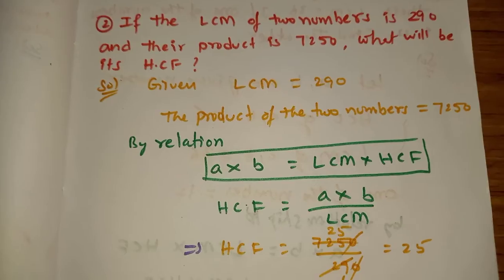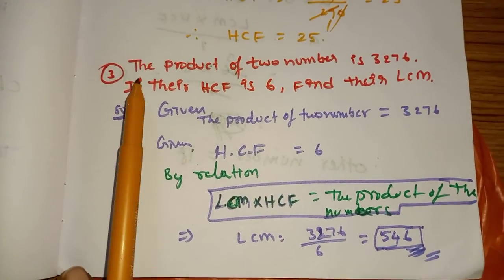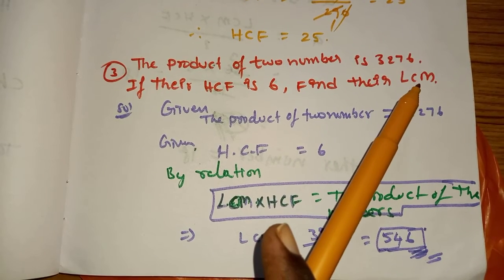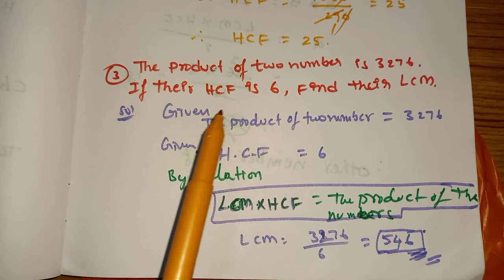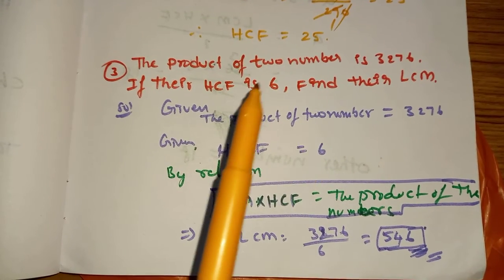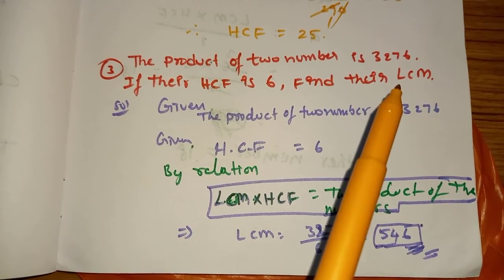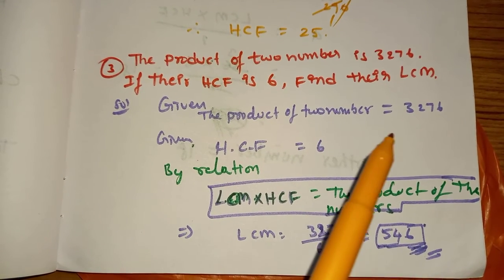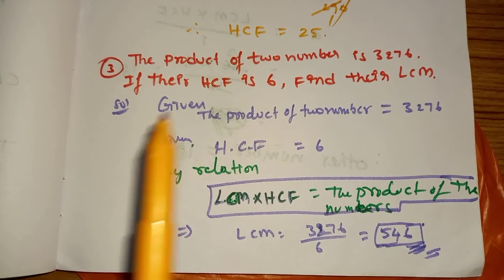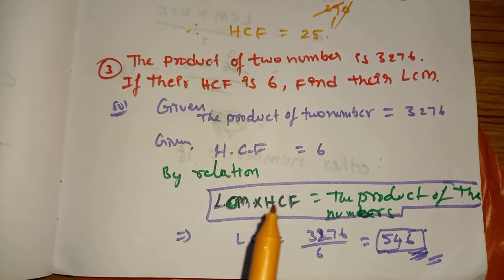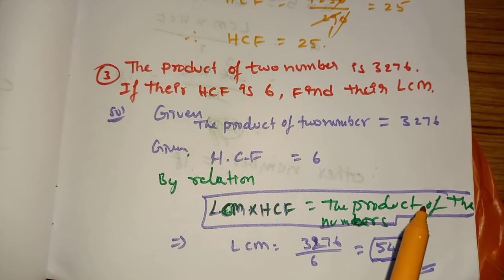Now we will move to question number 3. The product of two numbers is 3276. If their HCF is 6, find their LCM. Same method, but here the HCF is given and we need to find the LCM. Given the product of the numbers 3276 and HCF 6, by the relation LCM into HCF is equal to the product of the numbers.